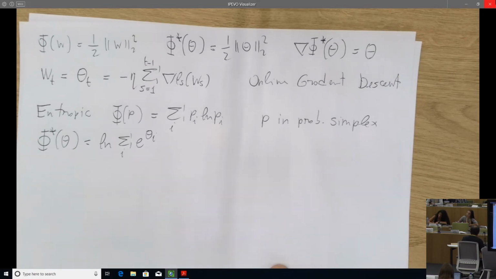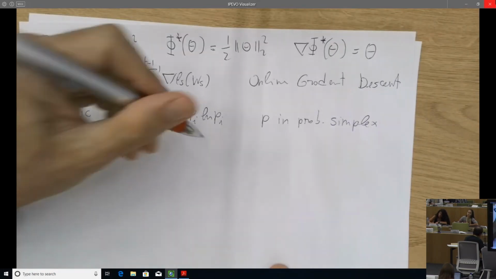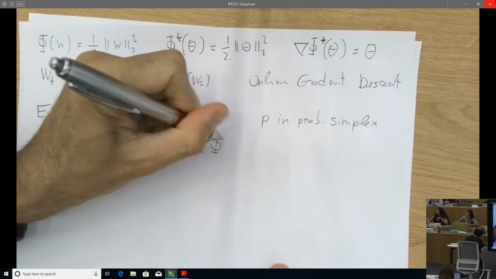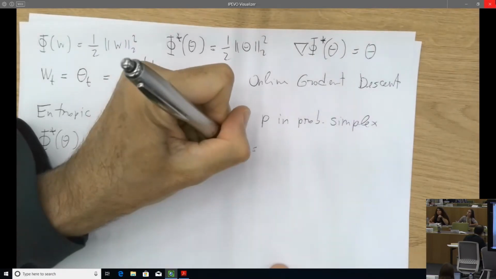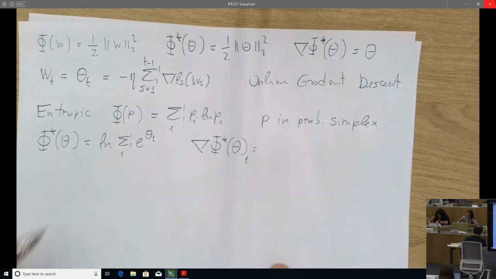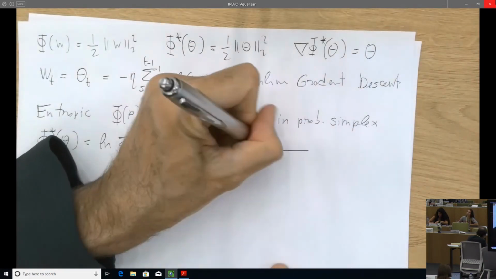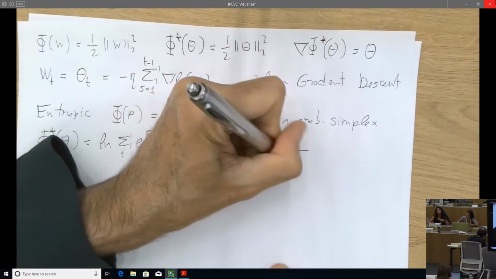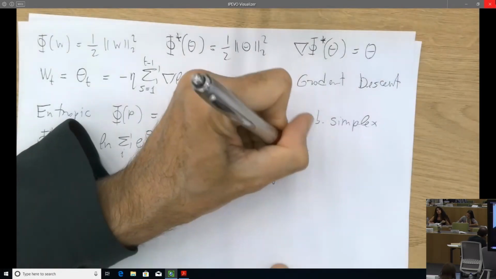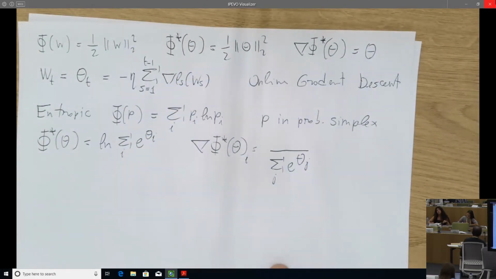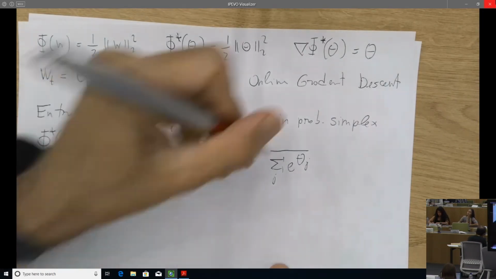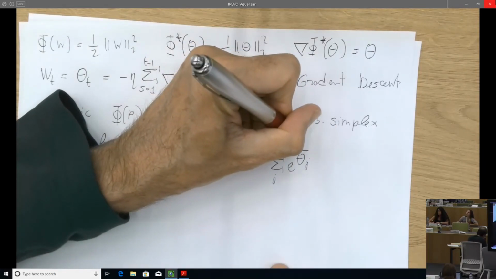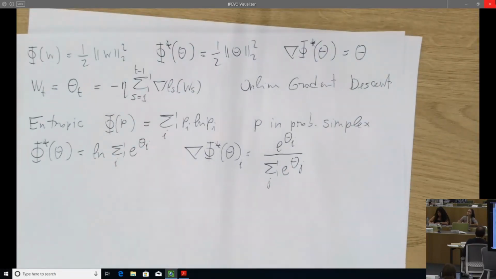Now let's compute the gradient. Let's say the ith component of the gradient. I take the derivative of the log, which is the reciprocal of the argument. So it's the sum over j of e to the theta_j. And then the derivative of the single exponent, which is e to the theta_i.